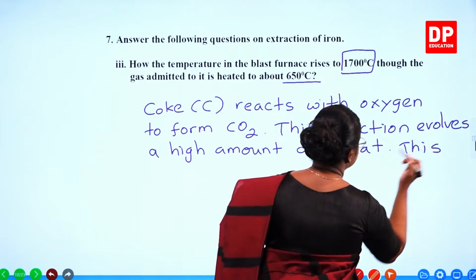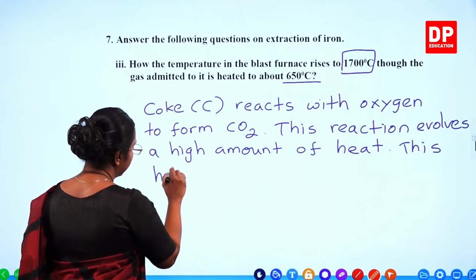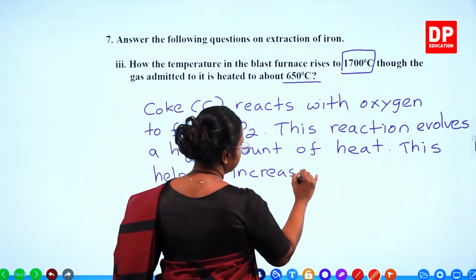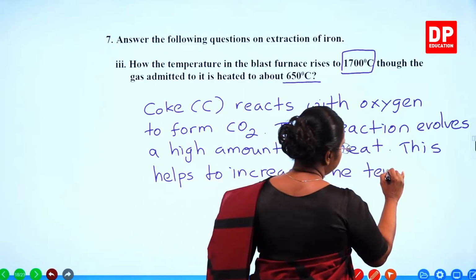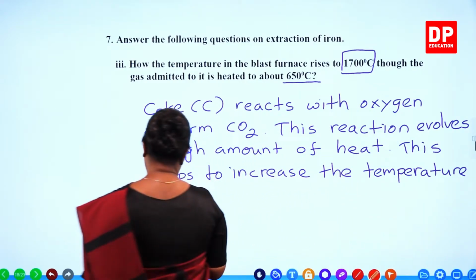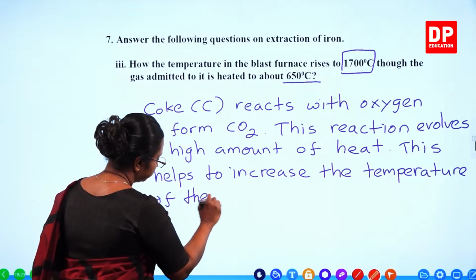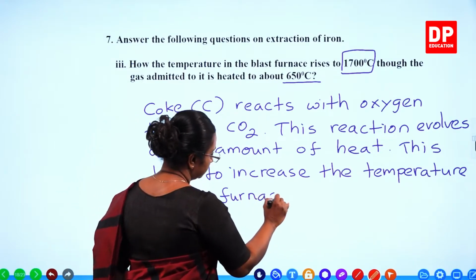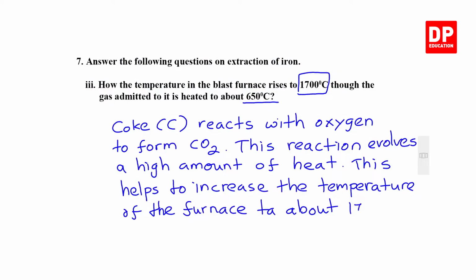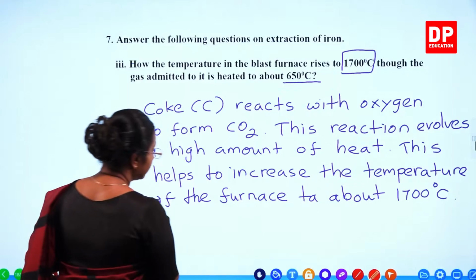This helps to increase the temperature of the furnace to about 1700 degrees Celsius. Or in other words, you can say combustion of coke releases a high amount of heat. So that is also okay.